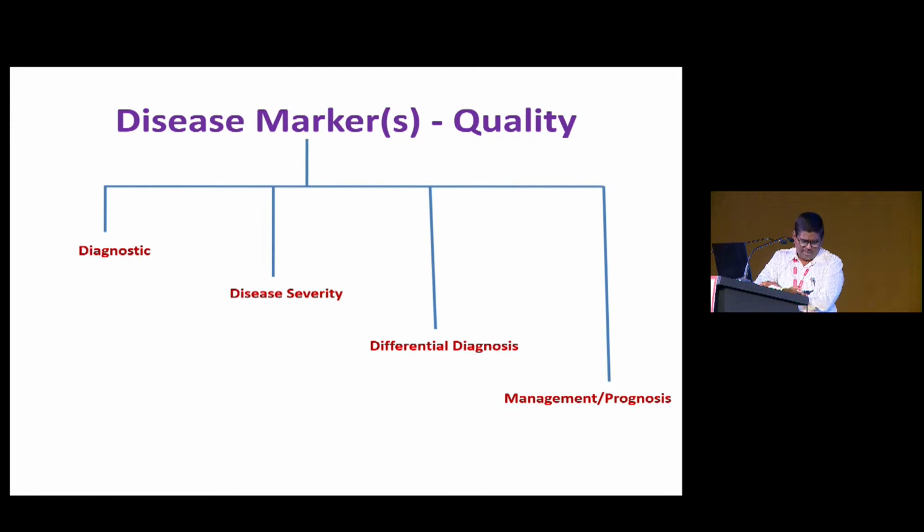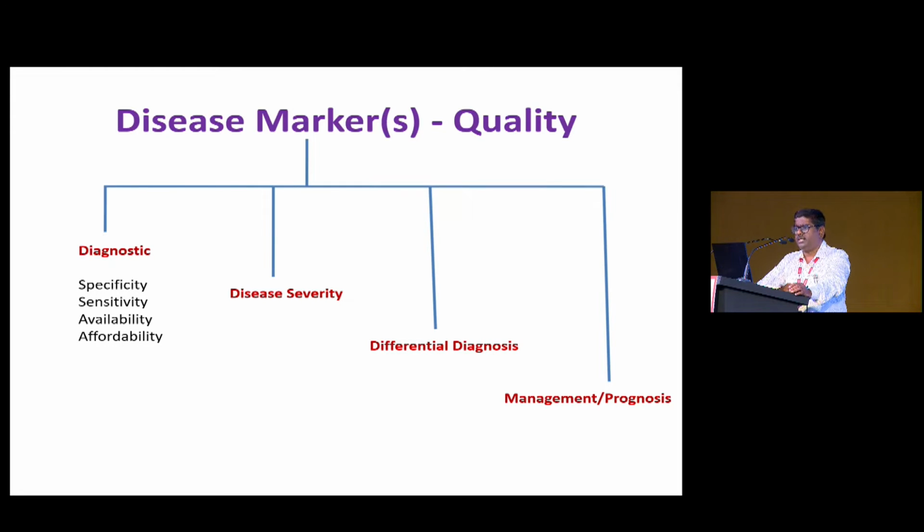So coming to anemia, or any marker, when it comes to diagnosis, there are four important qualities we consider. One is specificity, whether it is specific to that particular disease. Second, sensitivity, whether it can pick up disease at a very low level or even at a higher level with the available techniques or instrumentation.